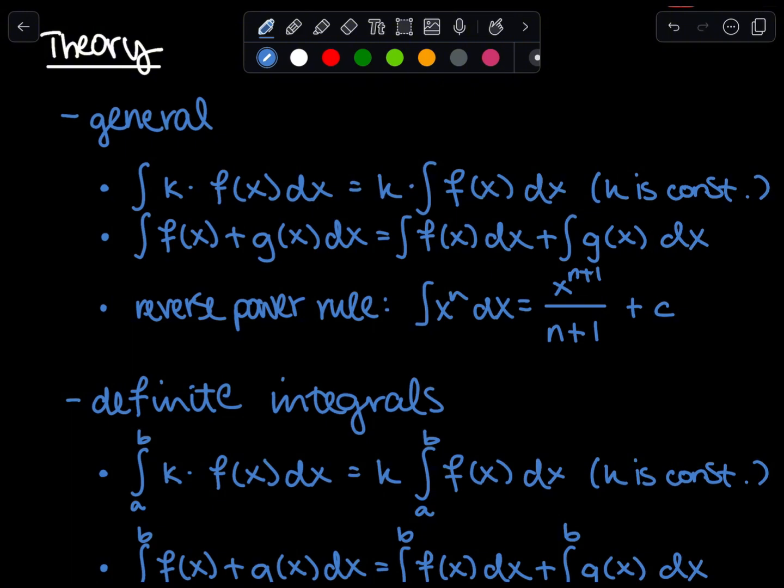And here we have a multiplication. So we just take the constant out and then integrate the function by itself with respect to x. Remember, this only works if k is indeed a constant.